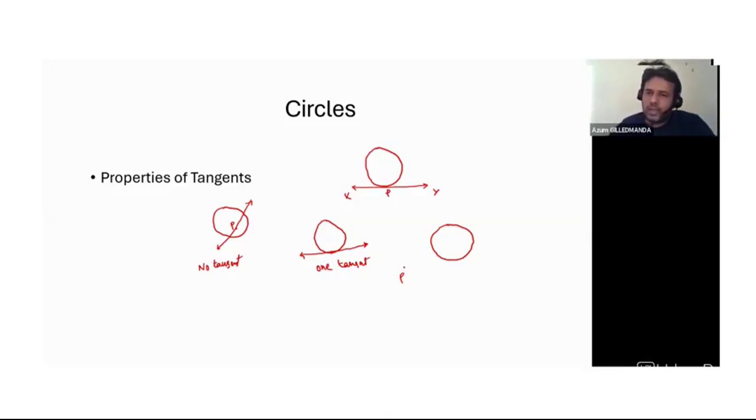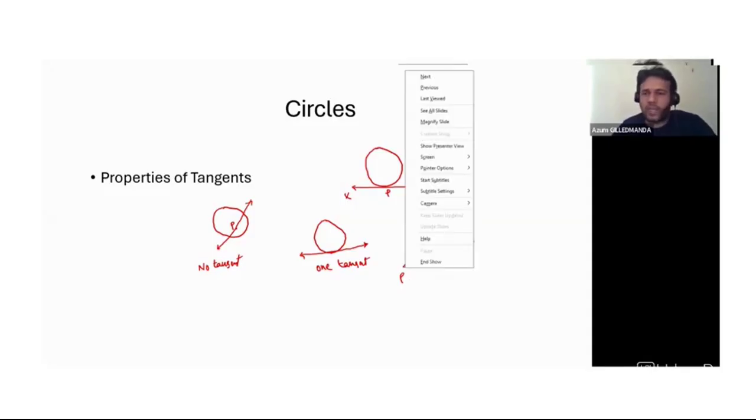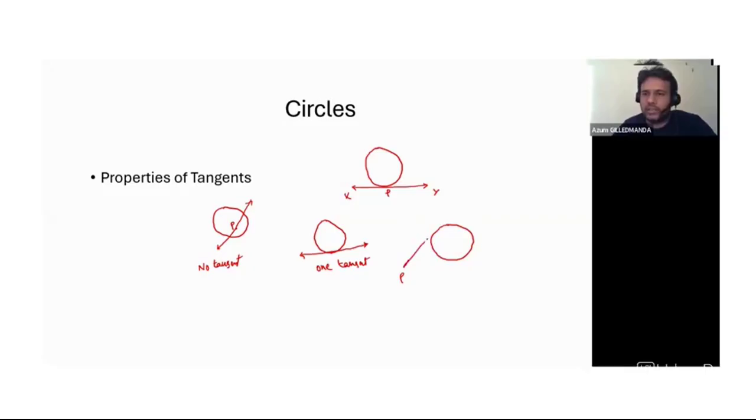So if I draw here, I would say we can draw two tangents. One from here, and similarly another from there, right? So from a point outside the circle, we can draw two tangents.